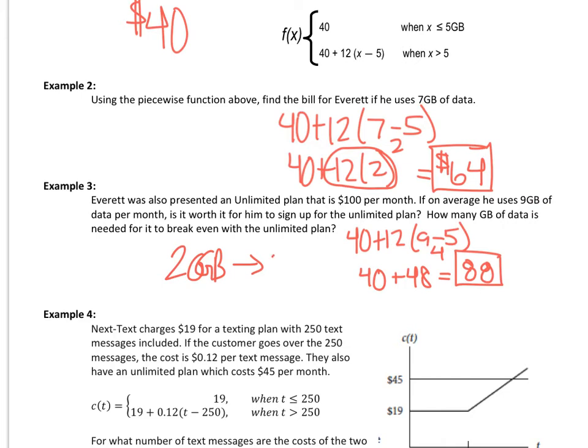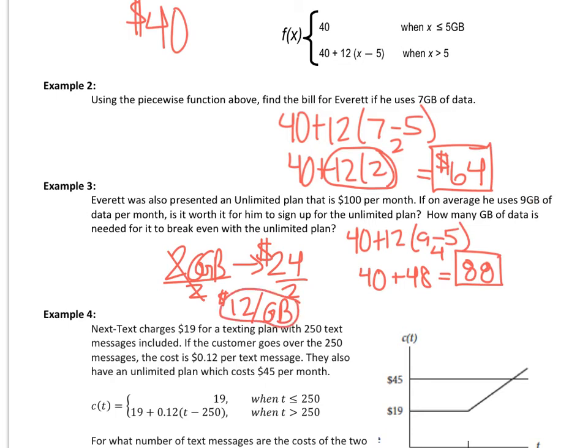That's an increase of $24. So 2 gigabytes went up $24. So you can figure out the price per gigabyte. Since 2 gigabytes went up $24, by dividing by 2, you get that the price increases at $12 per gigabyte.